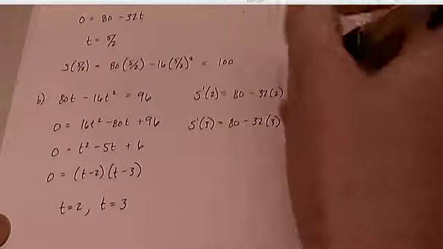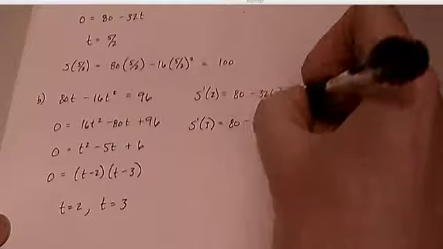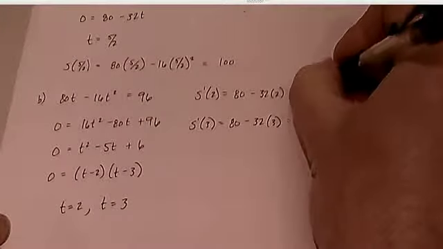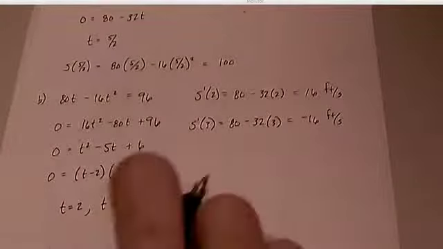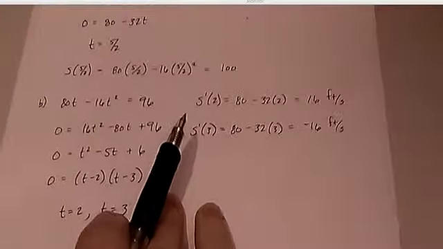This is 80 minus 64, which is, of course, 16. This is 80 minus 96, which is negative 16. And, of course, we'll go ahead and put in the obligatory feet per second, right? So it makes sense, and of course, the symmetry of the parabola sort of helps us reason it out and confirm the fact that those are indeed answers that make sense to us in terms of the scenario that's given to us.